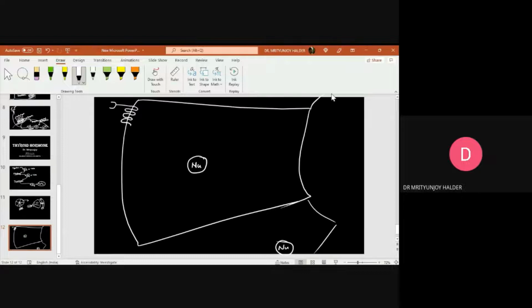This is a G protein coupled 7-passed serpentine receptor or GPCR type of receptor. So TSH comes and binds with this receptor, and inside the G protein is there.